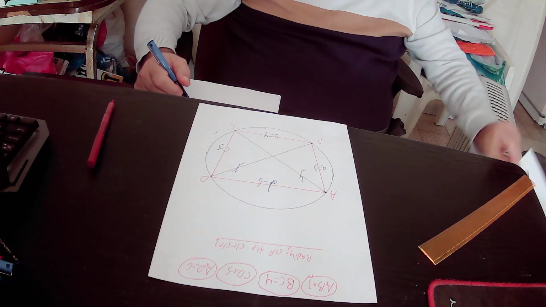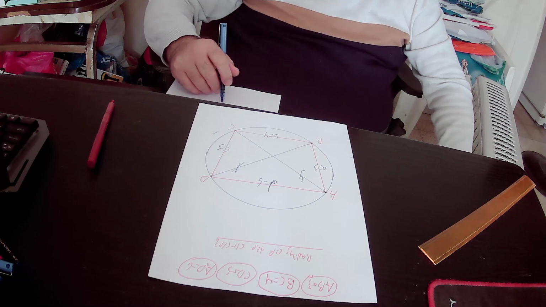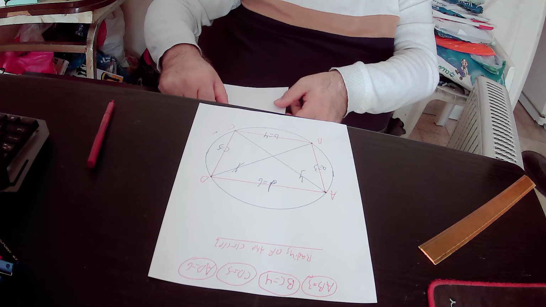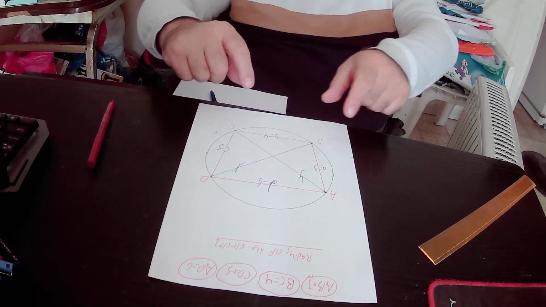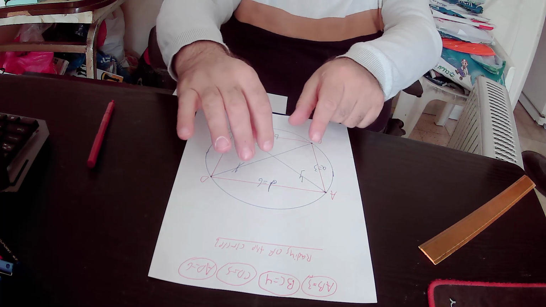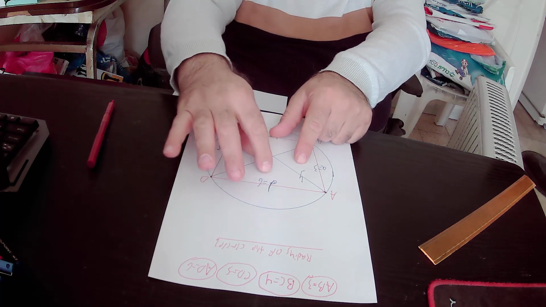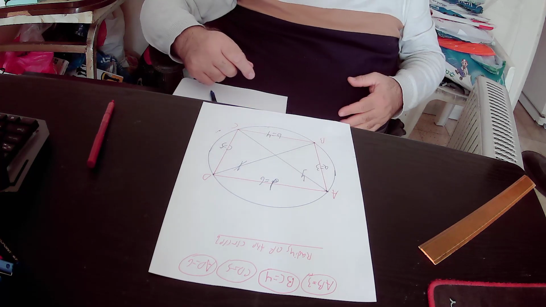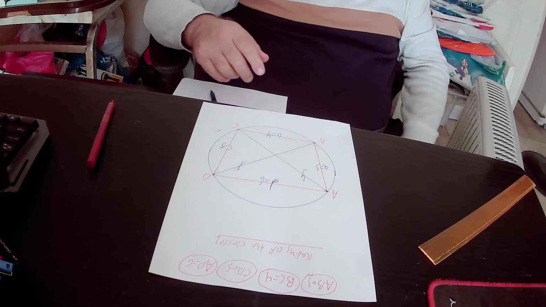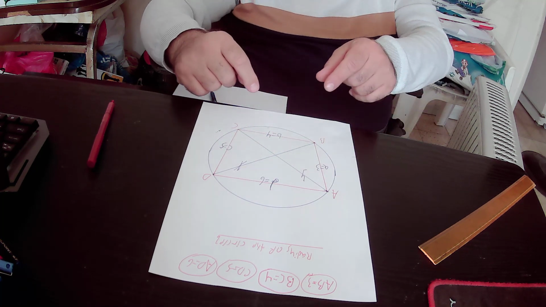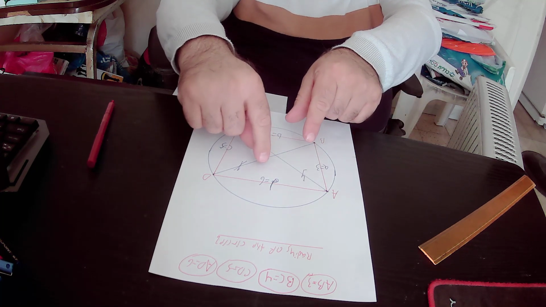But as you can see from the drawing, quadrilateral ABCD consists of those two triangles, triangle ABC and triangle ADC. Therefore, the area of quadrilateral ABCD will be equal to the sum of the areas of those two triangles.